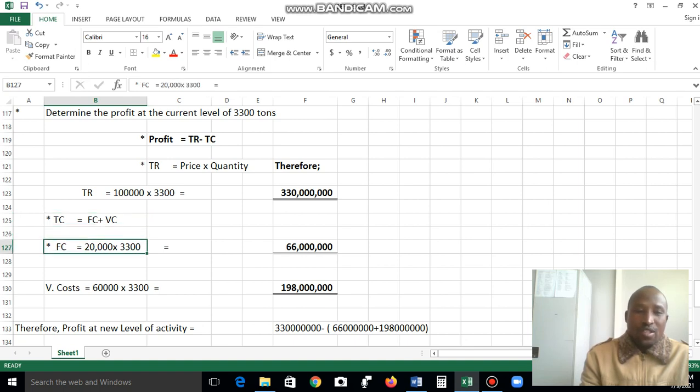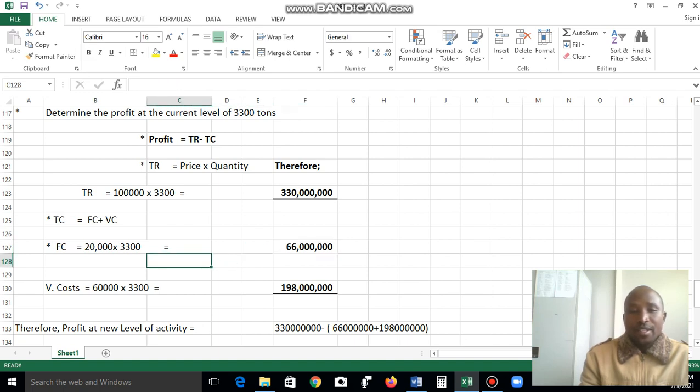The fixed costs at the previous level of 3,000 was 20,000. Now at the new level of 3,300, we get 20,000 times 3,300, giving a figure of 66 million.